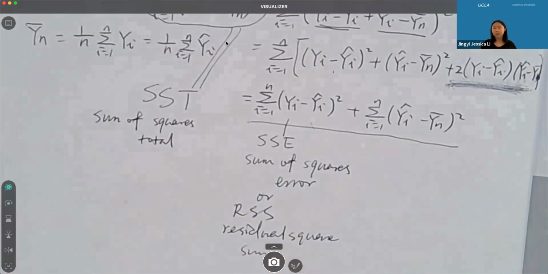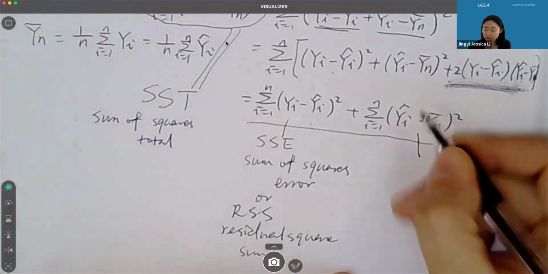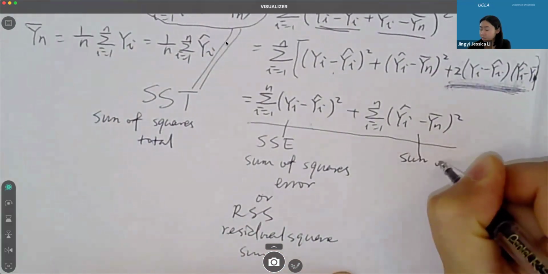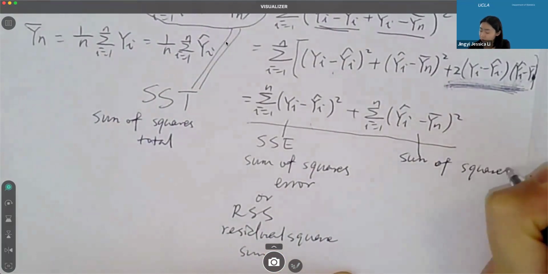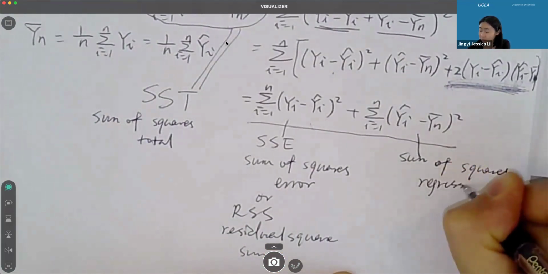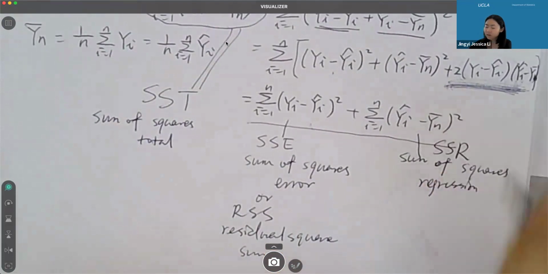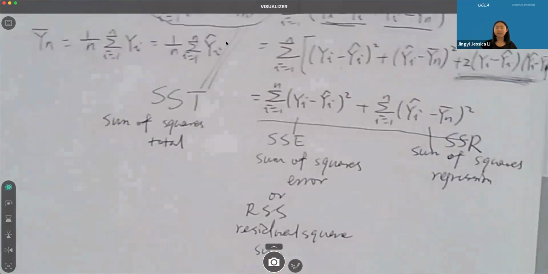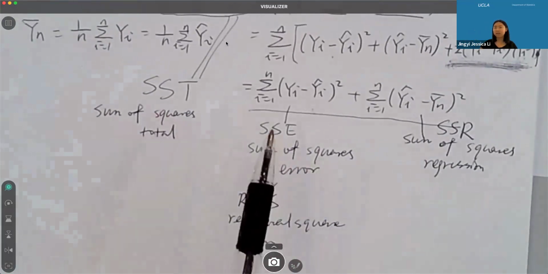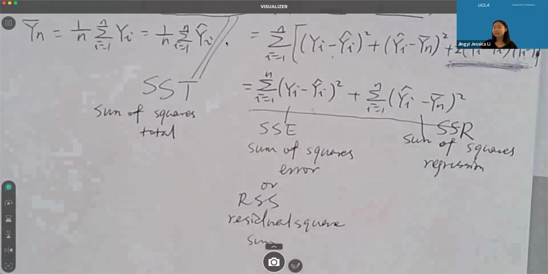So they're all about the part we cannot predict well. And this one is called the sum of squares regression, short as SSR. So the short way to memorize this is SST equals SSE plus SSR. The SSR is the part your model can explain. SSE is the part your model cannot explain. And SST is the total variance you observe in your outcome, your y.